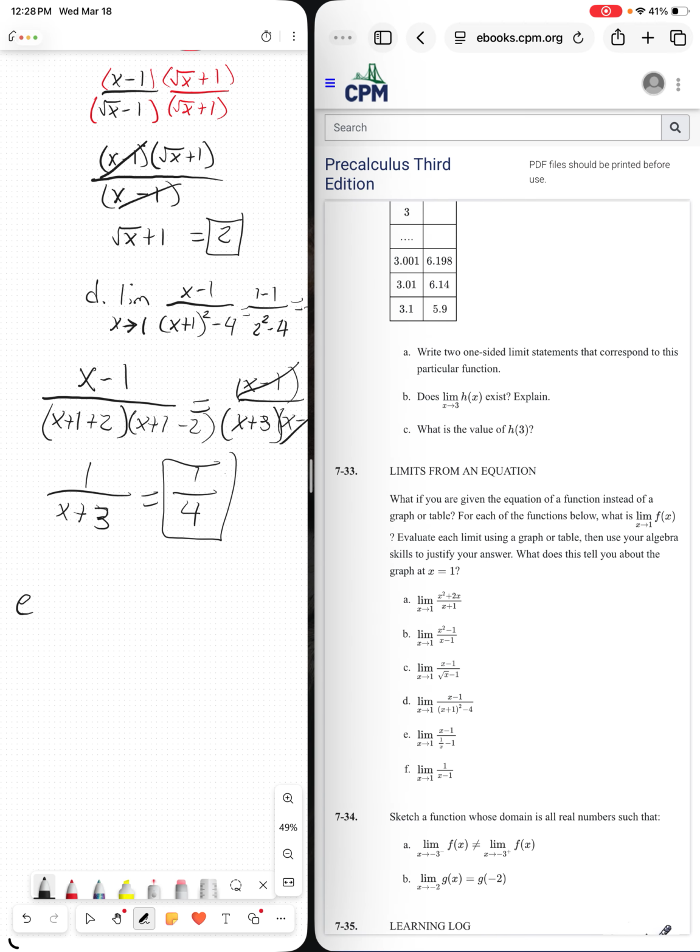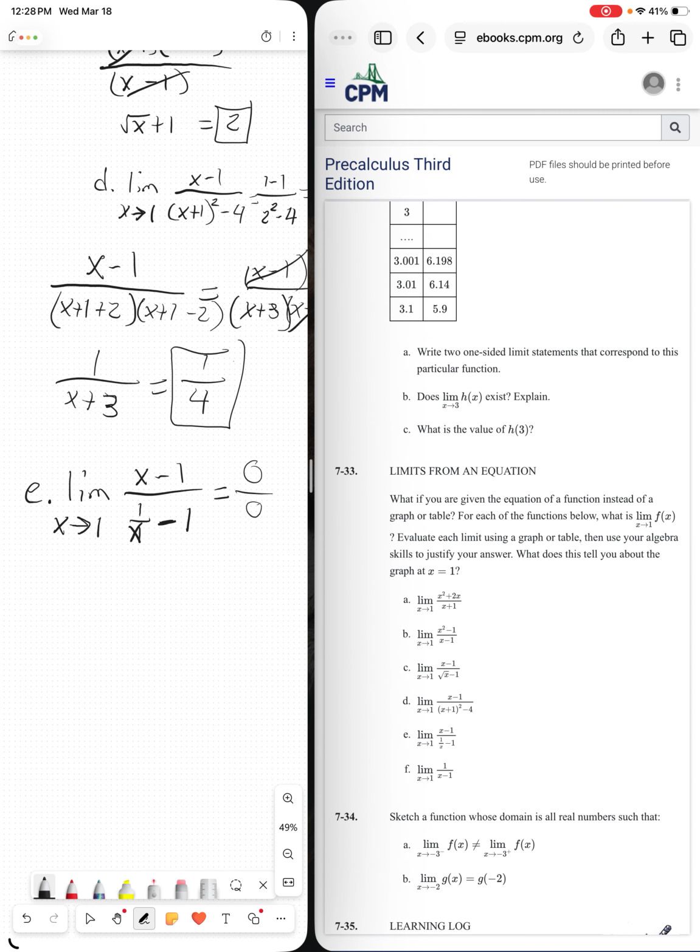Keep going, looking at E. If I plug in 1, I get 0 over 0. So we're going to make a common denominator.